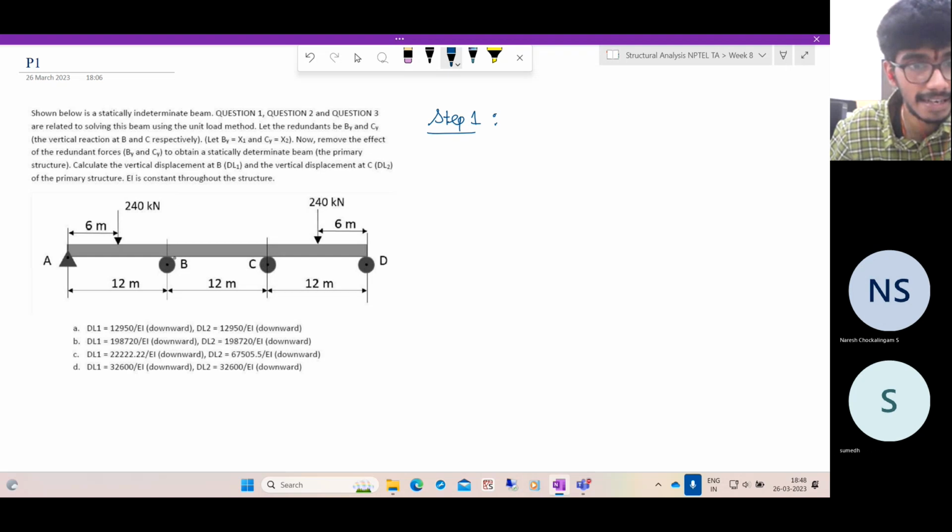You can easily see that there are 5 reactions, and we have 3 equations of equilibrium. So the degree of static indeterminacy is 2. And we have the redundant forces By and Cy. So that is what they ask.